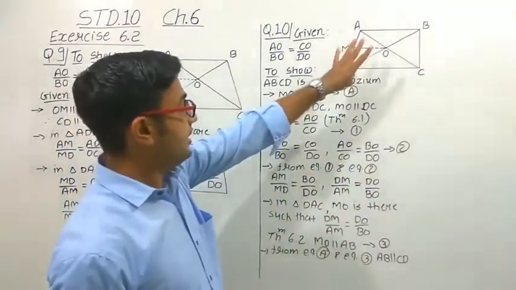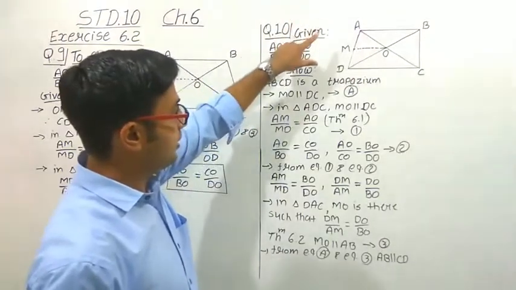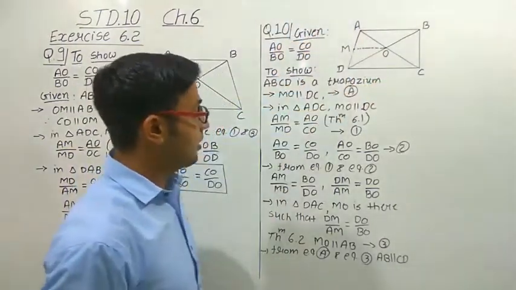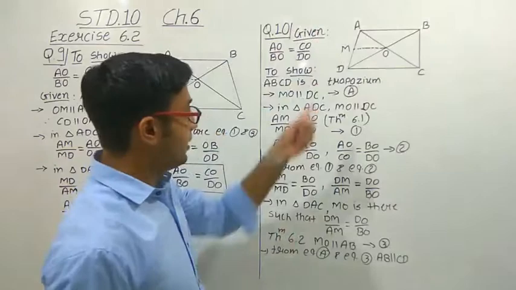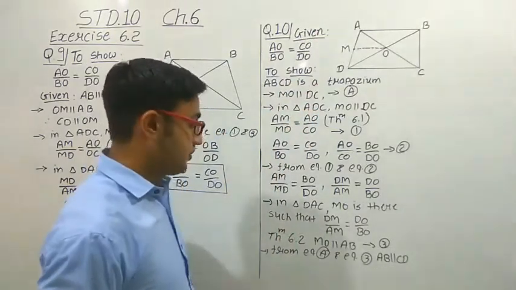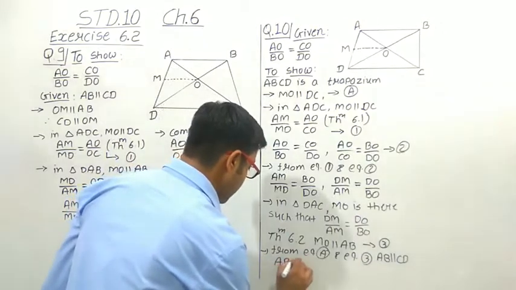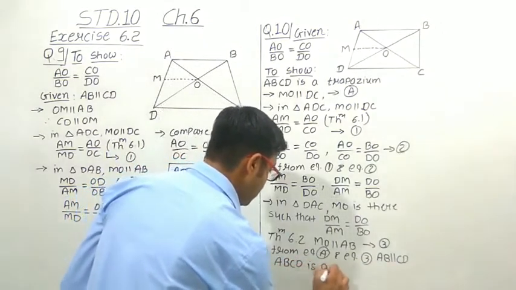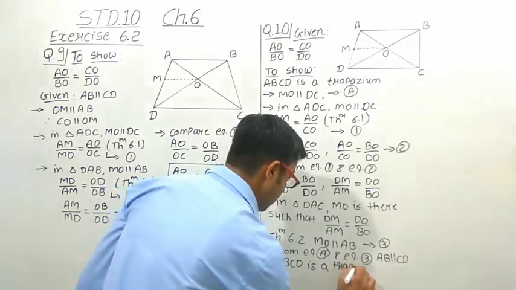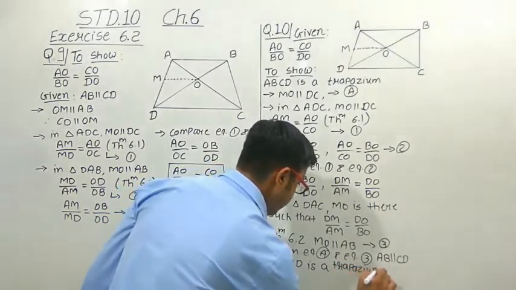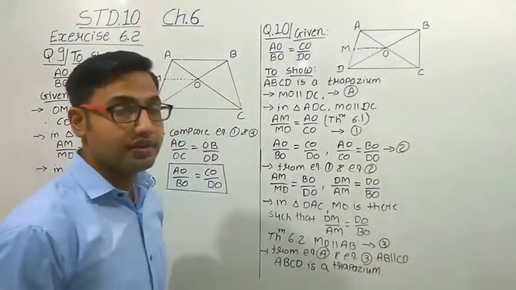Now in any quadrilateral, if two sides are parallel, then we can say that the quadrilateral is a trapezium. So from this we can write down that ABCD is a trapezium. Hence this is the required result.